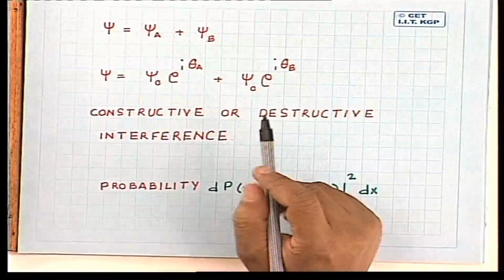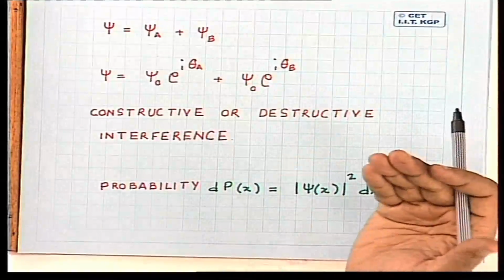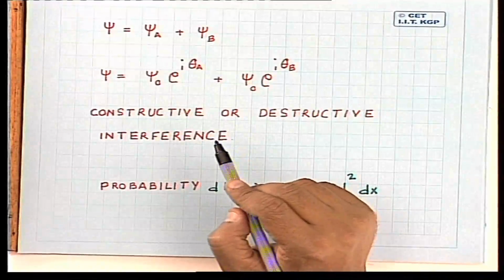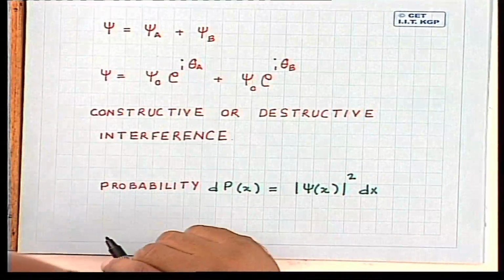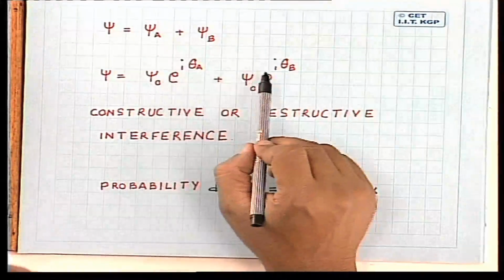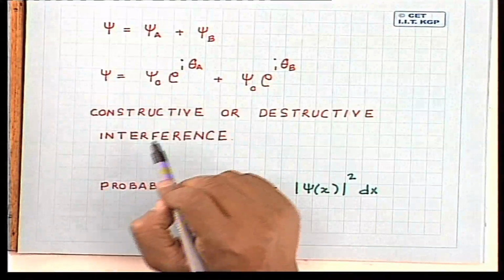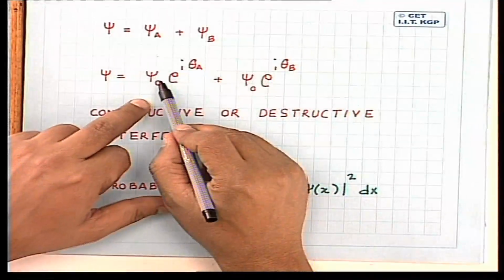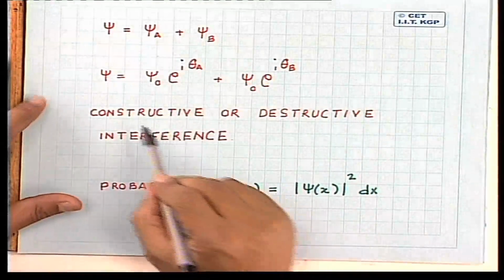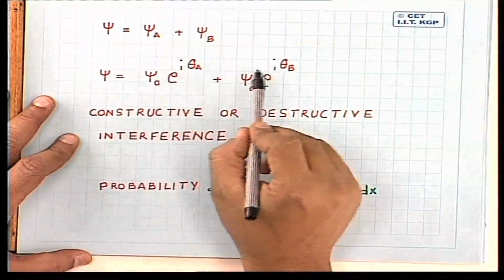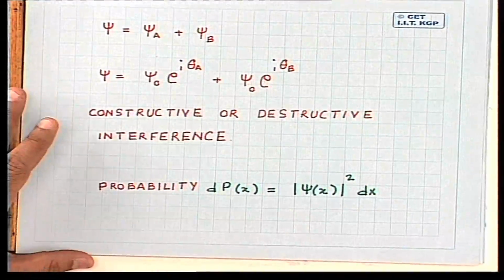Depending on the position on the screen on the right hand side, these two waves could add up either constructively or destructively, and when they add up constructively, the function psi over here, the sum, is greater than these individual parts, but when this adds up destructively, the psi over here is actually less than these individual parts.